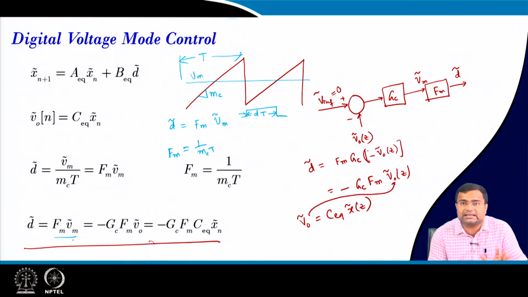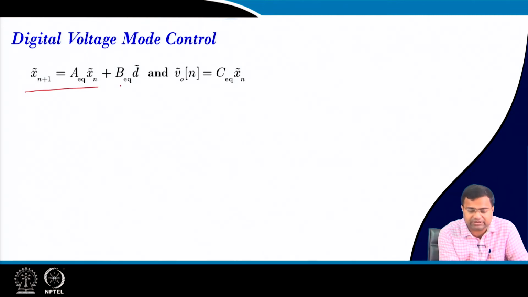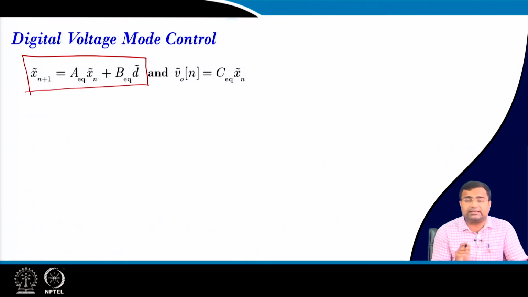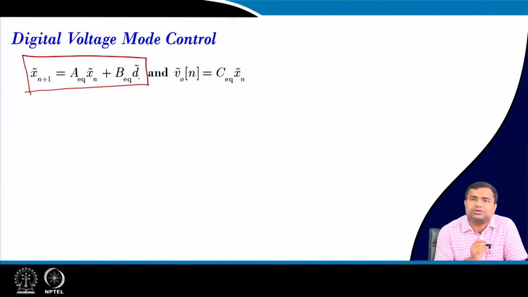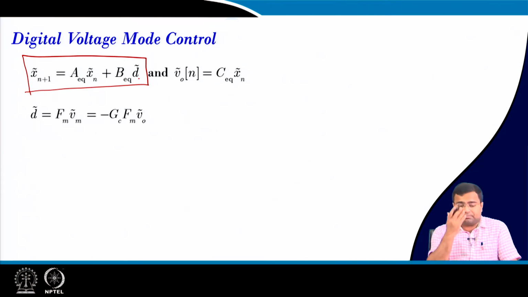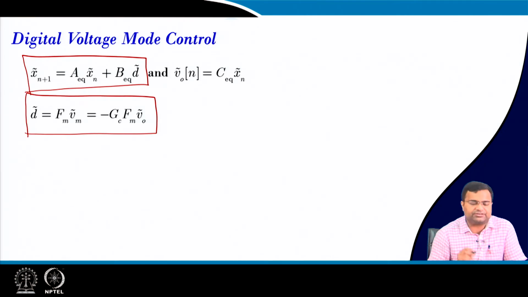Why are we writing this expression? We want to get the closed loop characteristic equation. That means we have the original equation like this, and this is the original equation irrespective of what control technique we use. If we use a voltage mode control, our duty ratio is being generated from the outer loop, and we have already discussed this expression is a function of V0.